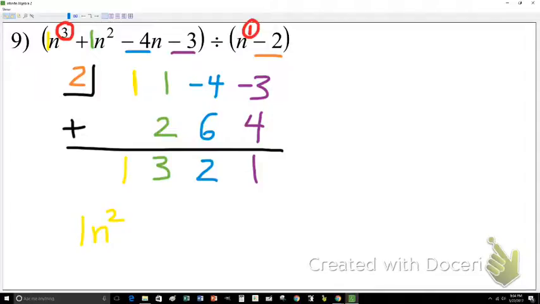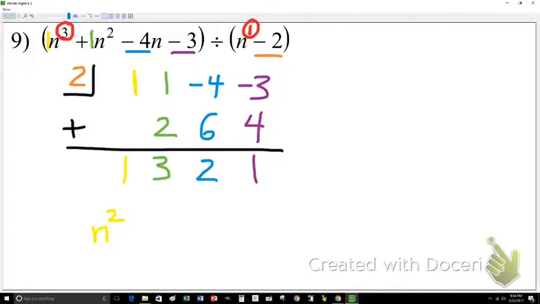Okay, so that's how we get that there. So the degree on that n that we have is going to be 2. And you don't have to put 1 times n squared, so we can just take off the 1 there in front. There is a 1 out there, though. And then we just write our numbers with the ascending powers of n.